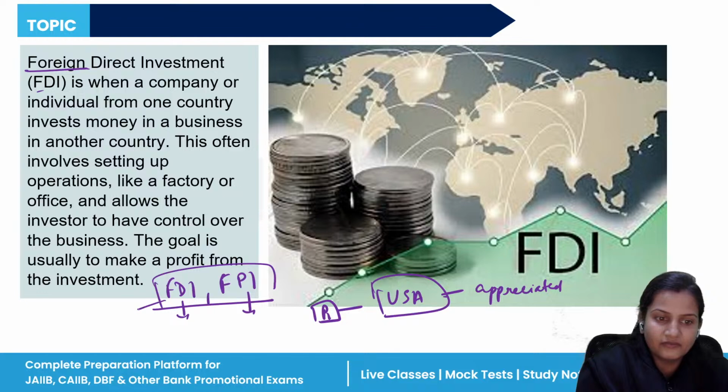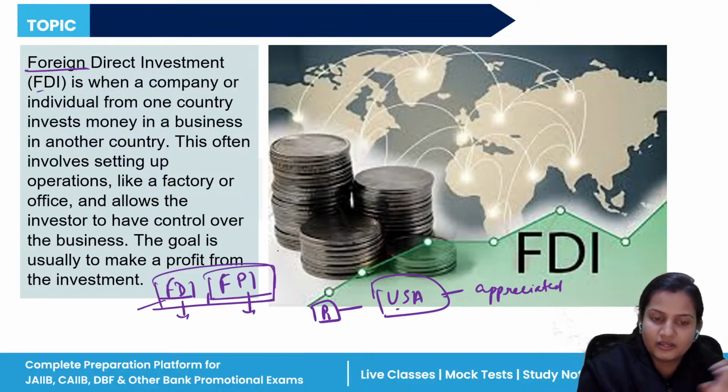So foreign direct investment means you are making a control in that company. If you want control of a particular company situated in a particular country, then you are doing FDI.